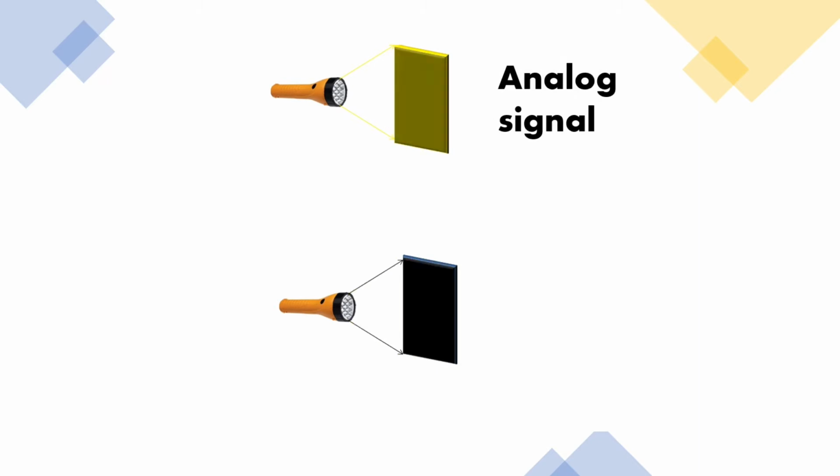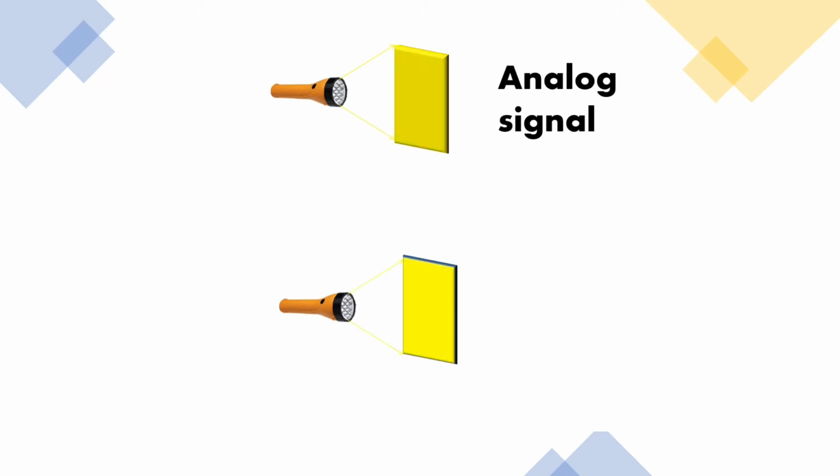Now let's compare digital and analog quantities with the help of a very simple observation. So there is a simple diagram to explain digital and analog quantity. The first one is an analog signal. Analog means the light signal is continuously varying.